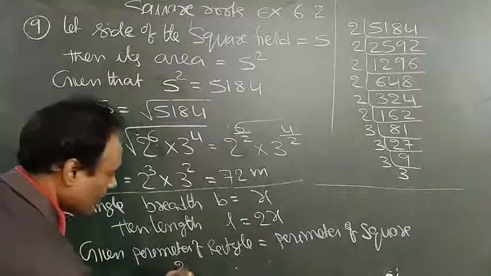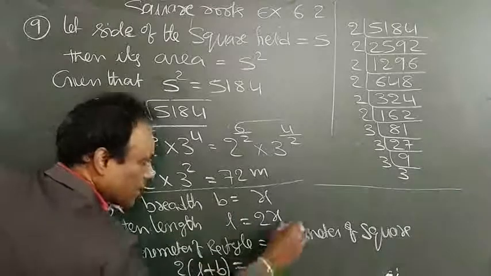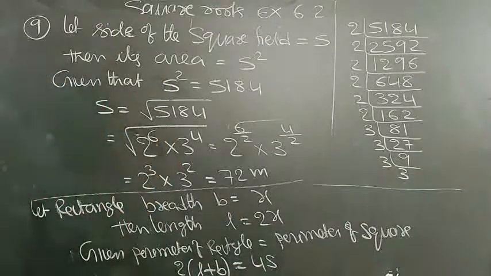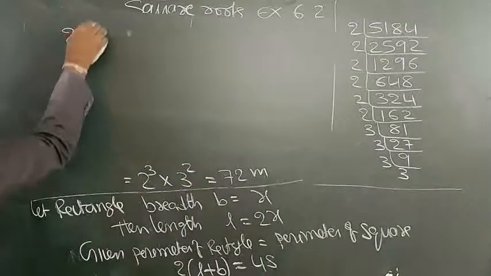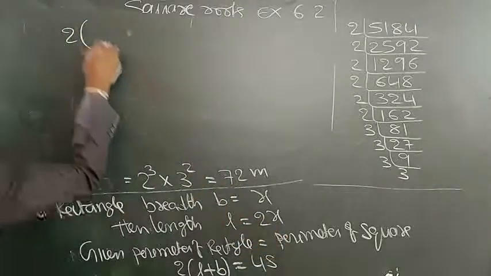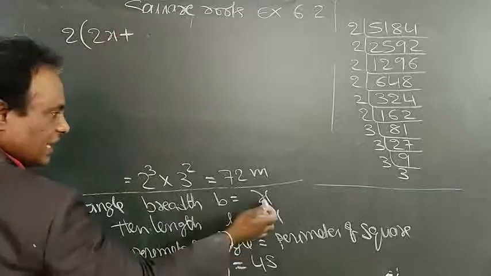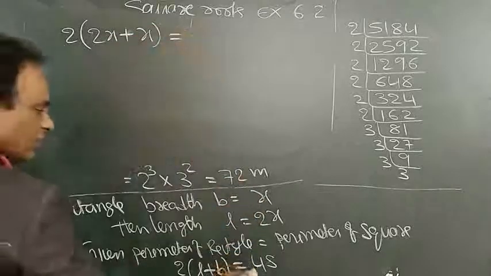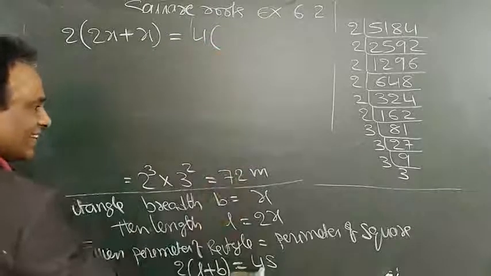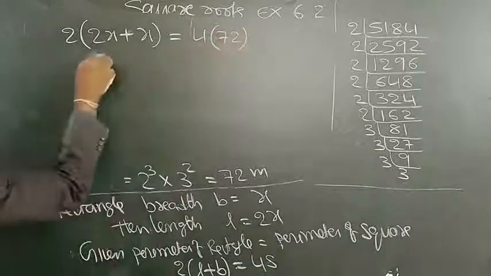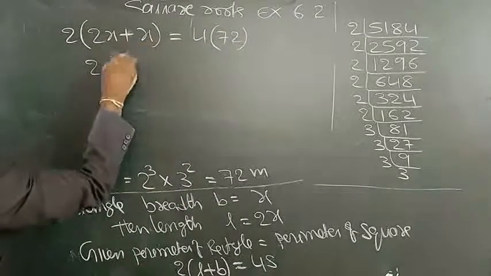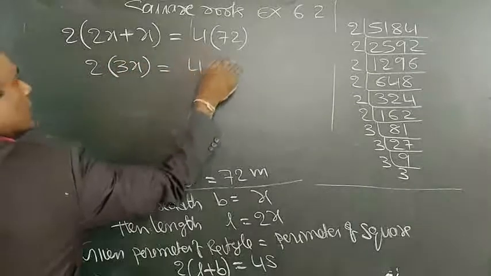Perimeter of rectangle formula is 2 into (L plus B). Perimeter of square is 4 into side. Students, see here. L is 2x, B is x. 4 into S, and S is 72. So 2 into (2x plus x), which is 3x, equals 4 into 72.